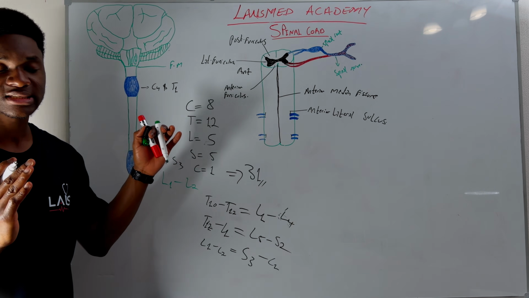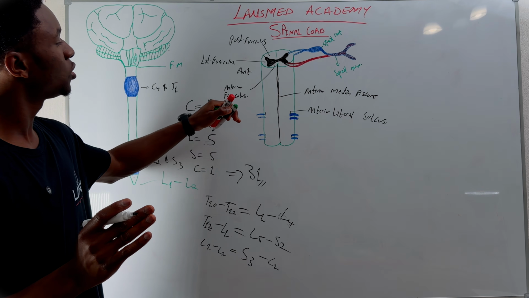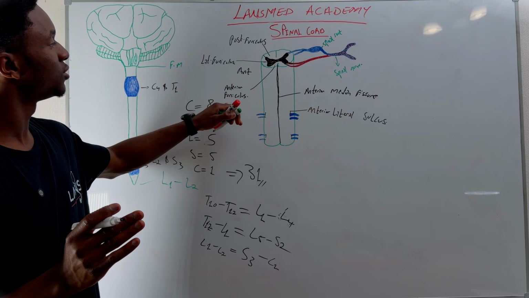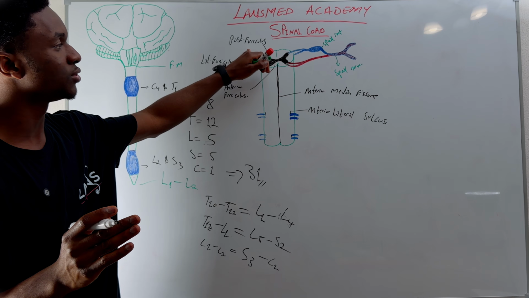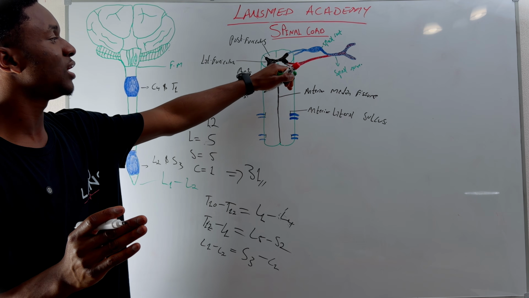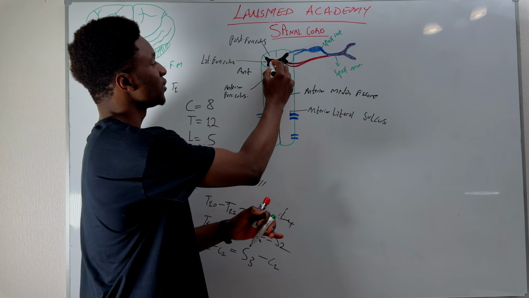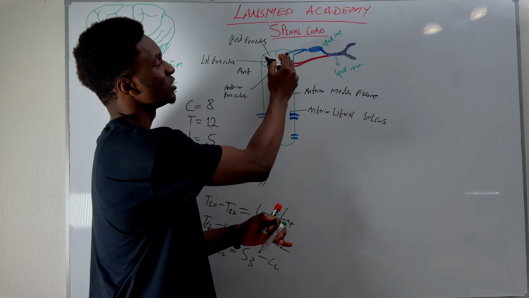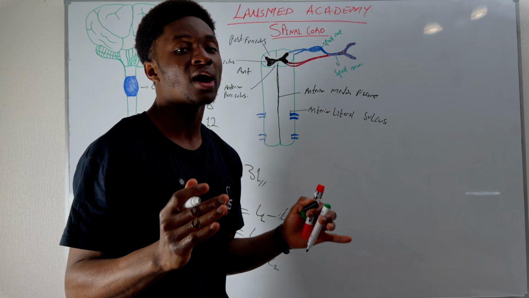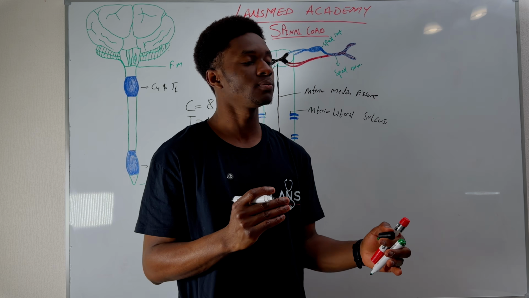And in the next video, I will explain extensively the function of the anterior, lateral and posterior funiculus, and the different tracts we have in each of these segments. And in the gray matter of the spinal cord also, there are different nuclei that can be found. I will explain this in the next video.